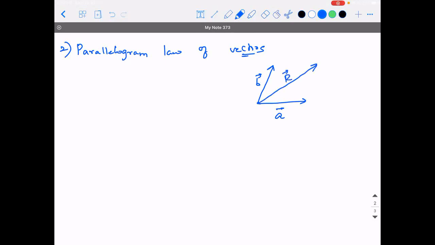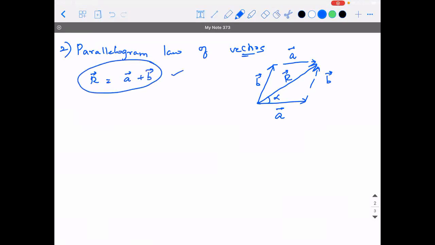Yes. So the diagonal of the parallelogram, which you complete by drawing equal vectors parallel to both A and B, where we call this A vector and this B vector. And if I call this angle alpha, then R vector is equal to what, guys? Is it not A vector plus B vector? I hope you remember this also, right?